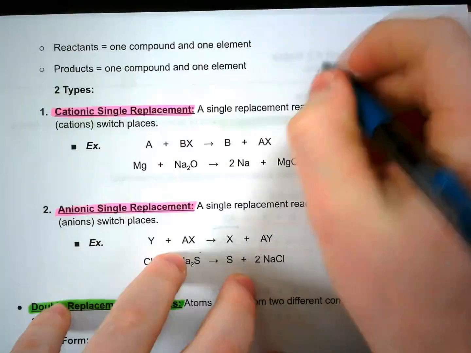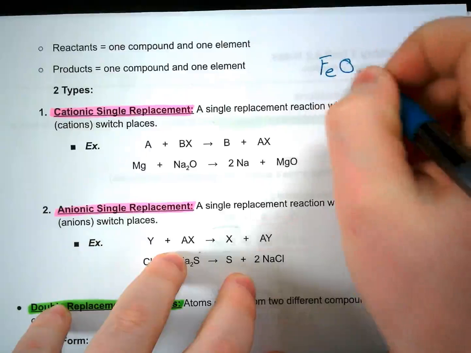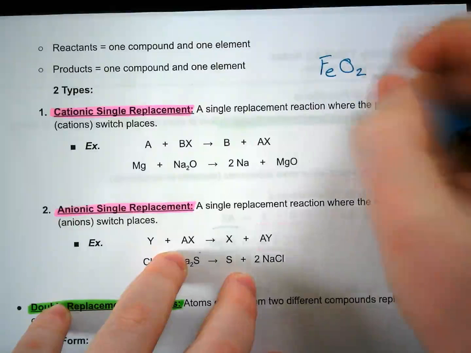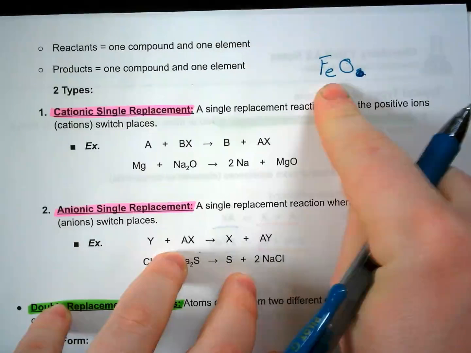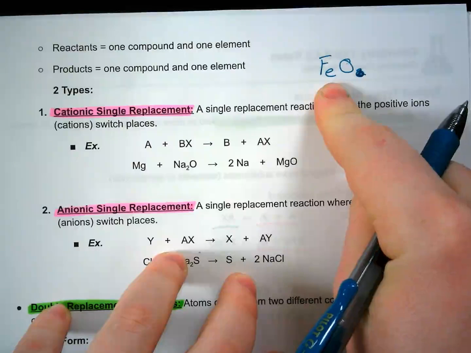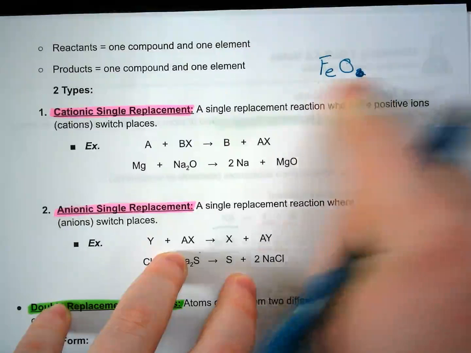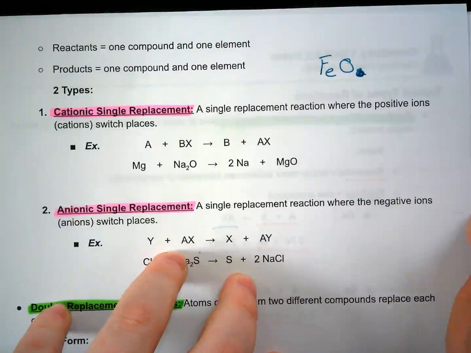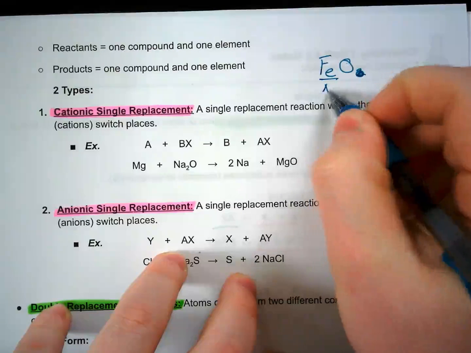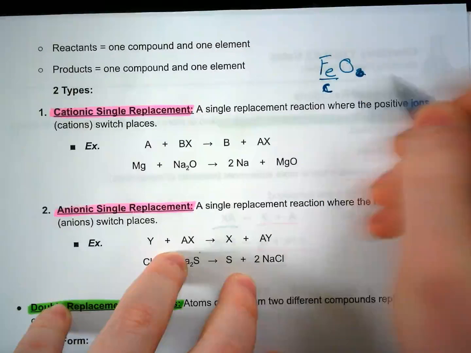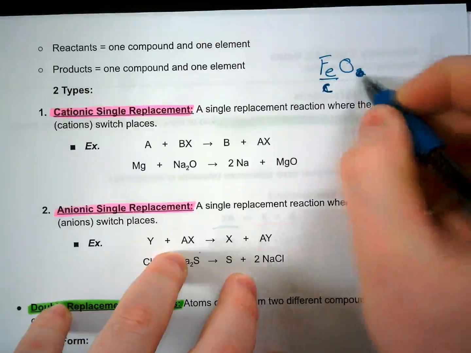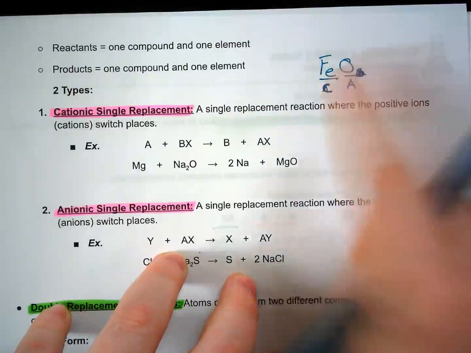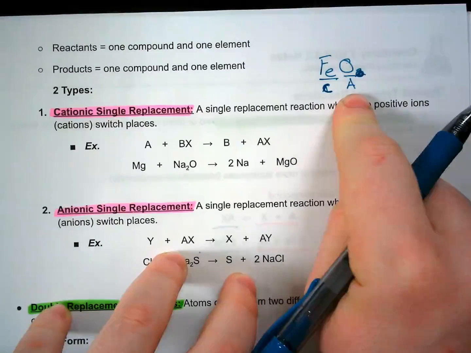If you have something like iron 2 oxide, which one is your cation and which one is your anion? Iron is your cation, oxygen is your anion. Cations first, anion second.